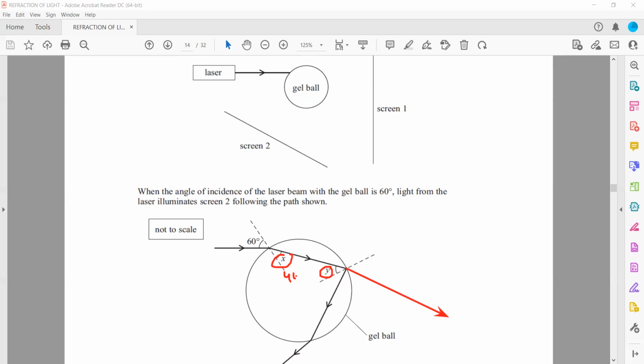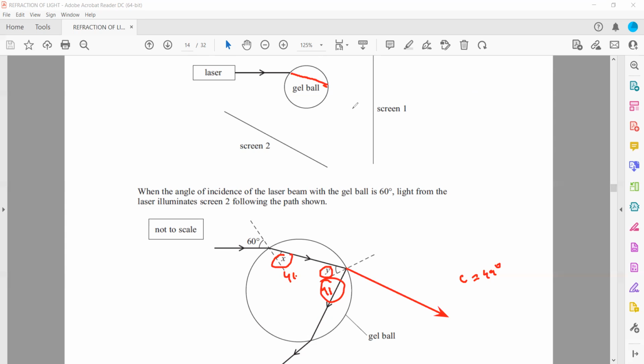So angle y is also 41. And we worked out the critical angle, which is 49. So this angle 41 is less than the critical angle, so light will not undergo total reflection. It will undergo refraction, so we will see it on screen 1.